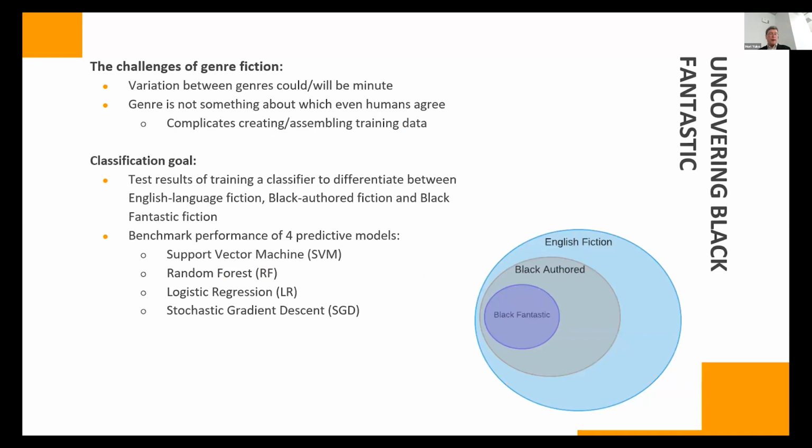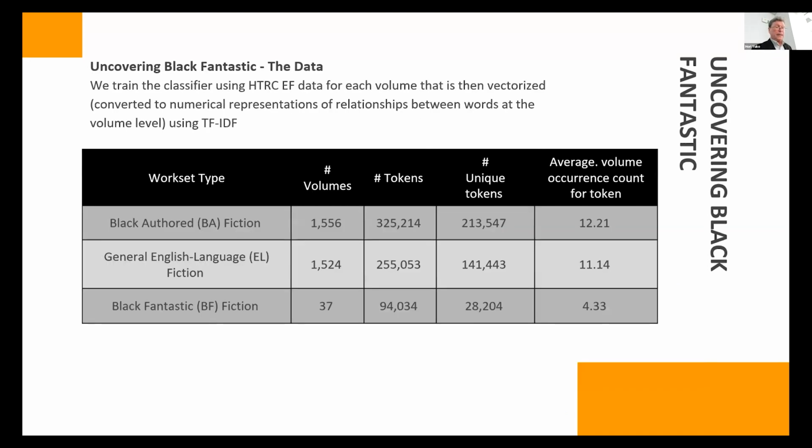So we used, so you have English fiction, you have Black authored fiction, and then you have the intersection of Black fantastic sitting in that nesting there. So we looked at support vector machines, random forests, logistic regression, and stochastic gradient descent. There's some statistics there. You can see some of the size. Not very big data sets because it's not a very big literature.